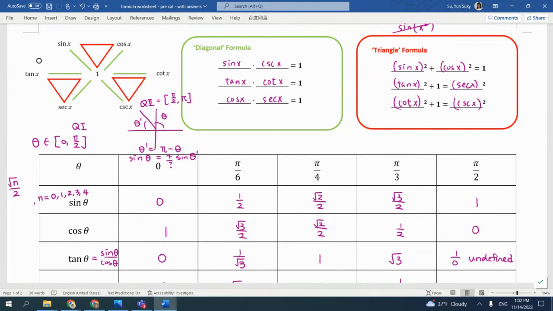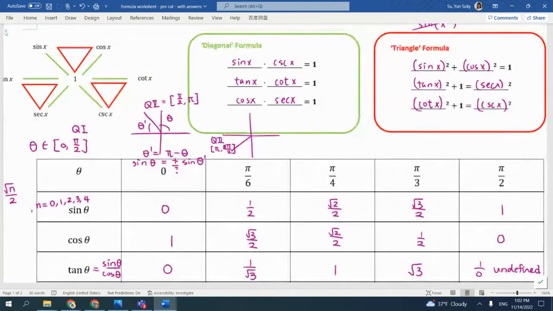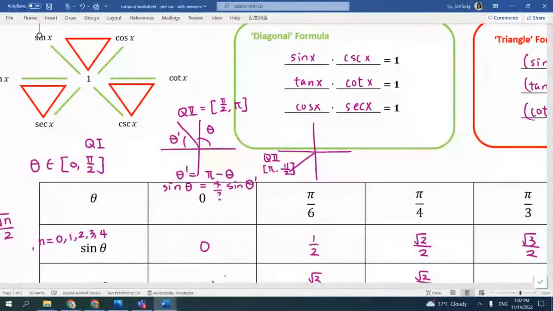Okay, so this is quadrant 2. Quadrant 3 is between pi and 3 pi over 2. Yes, everybody? Let me make it bigger.